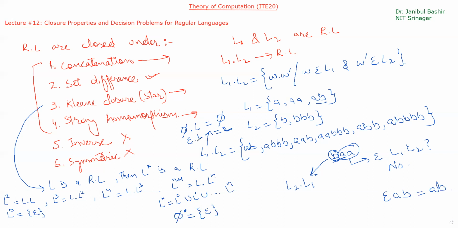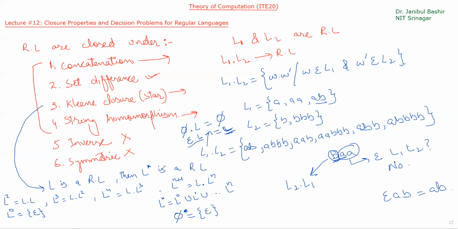There won't be any change. So concatenation of epsilon with L will be L, concatenation of phi with L is phi, and phi star is equal to epsilon. Okay, fine. So this is about the Kleene closure.